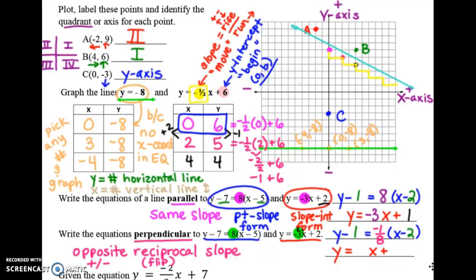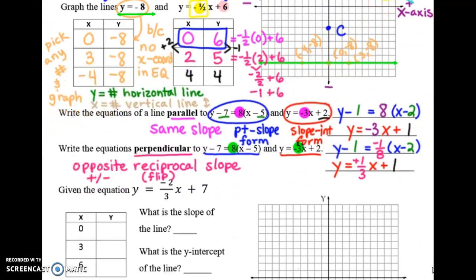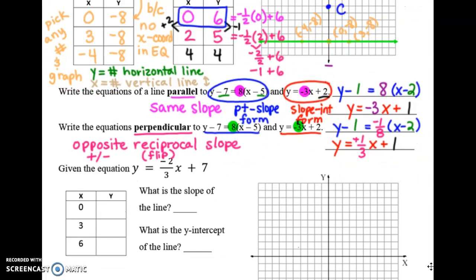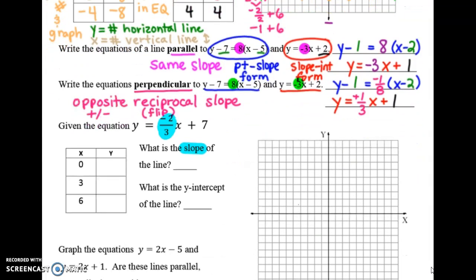And I picked again 1 and 2. For the second equation, the slope was negative 3. The opposite of negative 3 is positive 3. The reciprocal of 3 over 1 is 1 over 3. So my new equation is y equals 1 over 3x plus 1. And we're done with writing the equations of lines that are parallel and perpendicular.